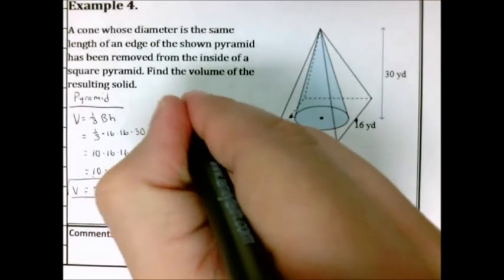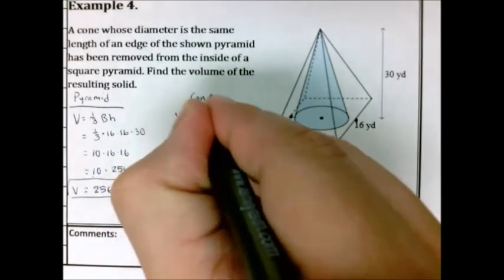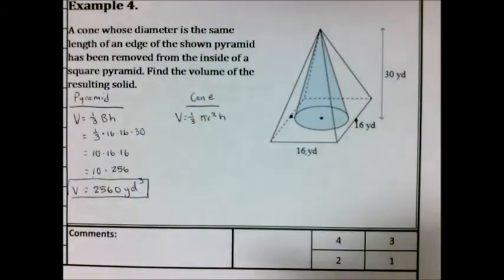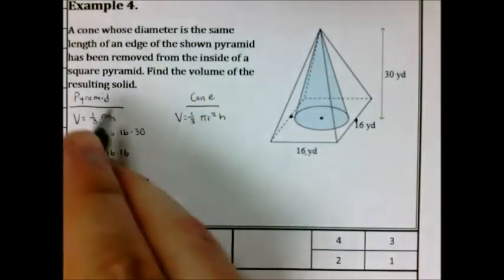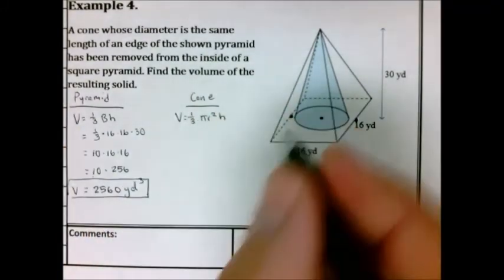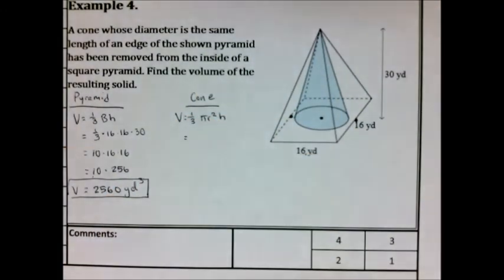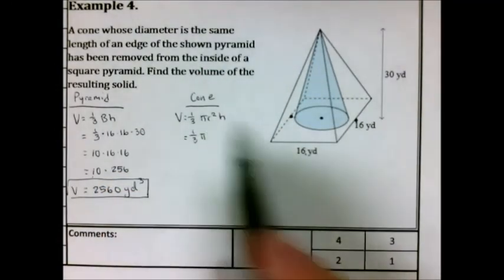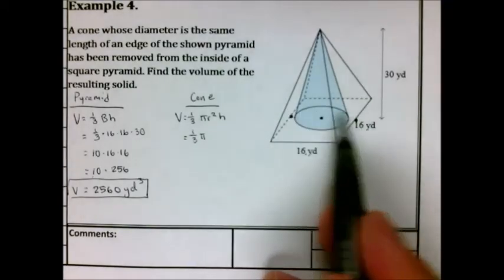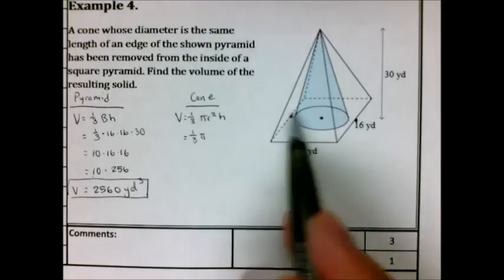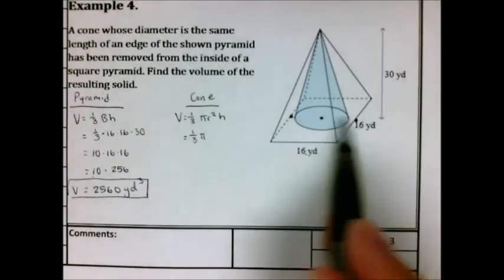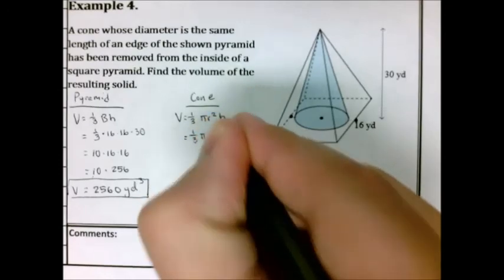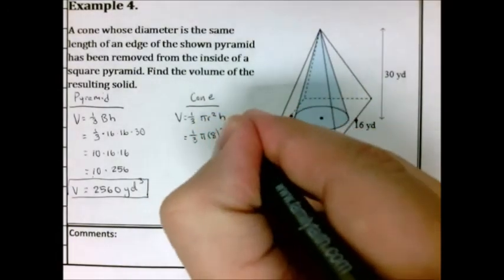Now for a cone, we can use the same formula, but remember, I like to use pi r squared instead, since we're talking about the area of a circle, instead of just using B for the area of the base. We're going to have to do pi r squared anyway. So let's solve this one. We're going to do 1/3 times pi times the radius squared, and remember the diameter stretches the same distance here, even though the picture doesn't show it accurately, it goes the whole distance, and the radius is then going to be 8, squared, and times the height again, which is 30.